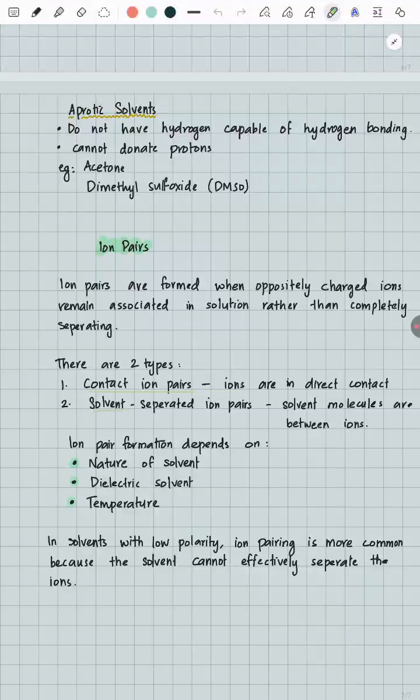In other cases, solvent molecules come in between them, forming solvent-separated ion pairs. The formation of ion pairs depends on factors such as nature of the solvent, its dielectric constant, and temperature. In solvents with low dielectric constants, ion pairing is more likely because the solvent cannot effectively separate the charges.